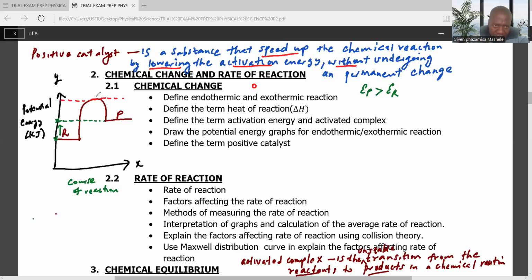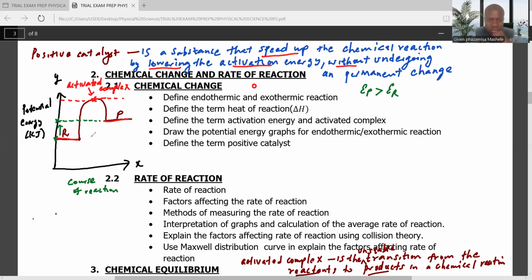This point is called an activated complex. Why is it called unstable? It means it can come down, it can increase, it can decrease. But it's a transition from the reactants to the product.